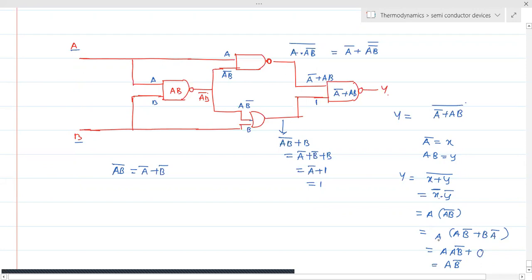So that is equivalent to A into AB bar plus B A bar. According to De Morgan's law, we are writing A into B bar plus A into B into A bar. A into B into A bar will become 0, and A into A becomes A, so A into B bar only we will get.